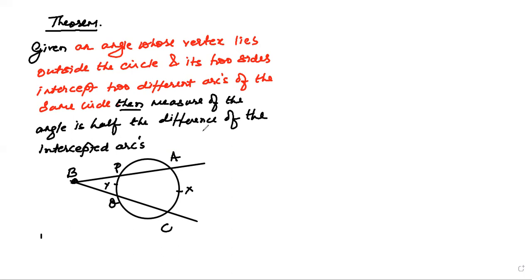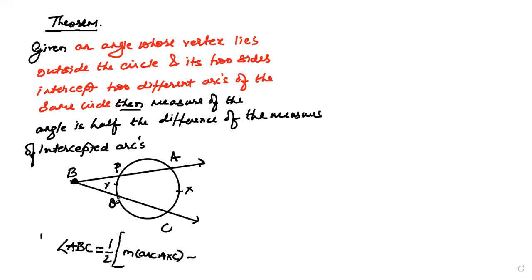That means if you ask me, children, this angle ABC is half, okay, then which is the bigger arc, children? Arc AXC, measure of arc AXC, minus the smaller arc PYQ, measure of arc PYQ.